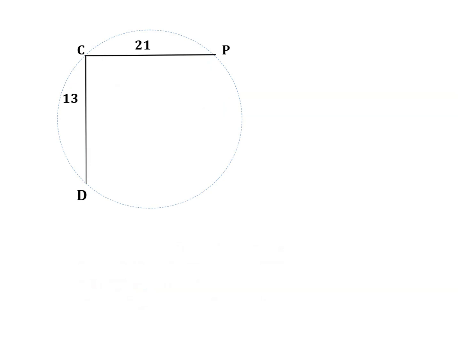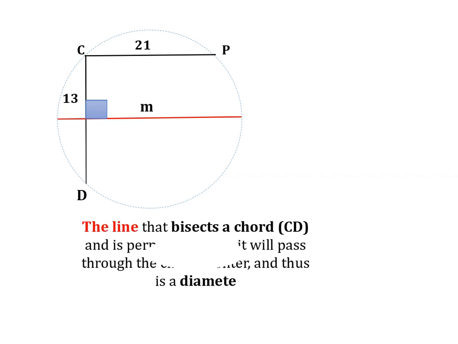There are two chords, CP and CD. Both have the values 13 and 21 respectively. And the red line shows a bisector. And of course, on CD there will be a perpendicular. And M is the center of the circle.